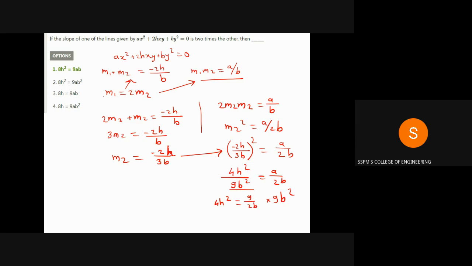If you take this on the right hand side, 9b square, so if you simplify this, 4h square is equal to 9ab divided by 2, that is 8h square is equal to 9ab. This is the correct option. 8h square is equal to 9ab.